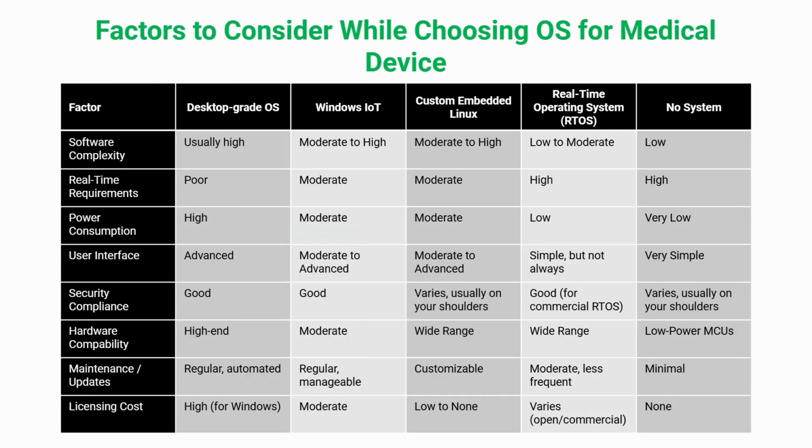Factors influencing this choice are the following: complexity of the software, real-time requirements, power consumption, UX and UI needs, development time and cost, security and regulatory compliance, hardware compatibility. You also have to have this in mind. You have to think about maintenance and updates, and of course you have to think about cost of licensing of the operating system that you choose.